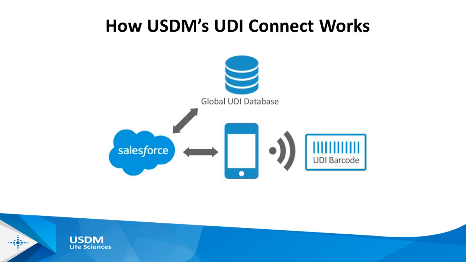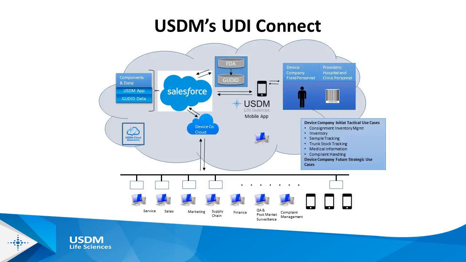It also allows us, and what we're working on now, to leverage that tool to build in, again, a cloud-based Salesforce environment, a tool to identify kits and understand all the individual components that are within a kit. So this is a tool that we are working on, and if anyone is interested, we're happy to talk to you about what that might look like.